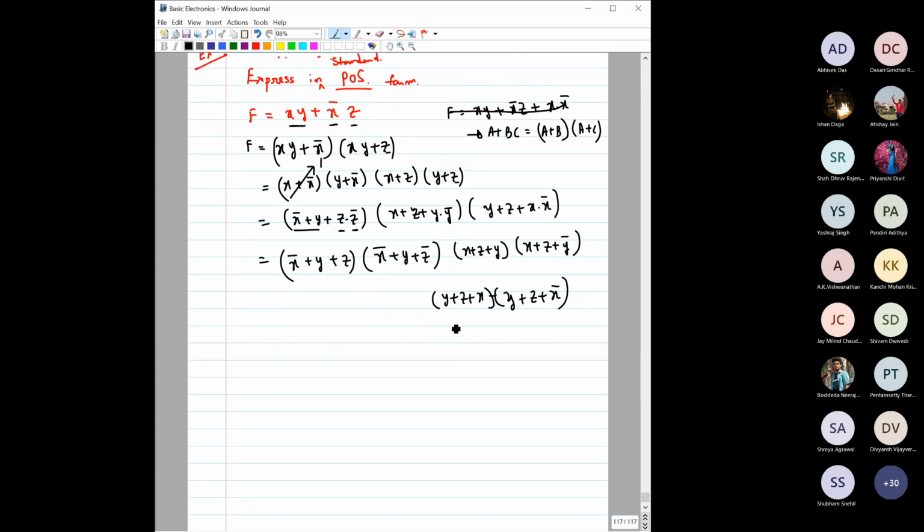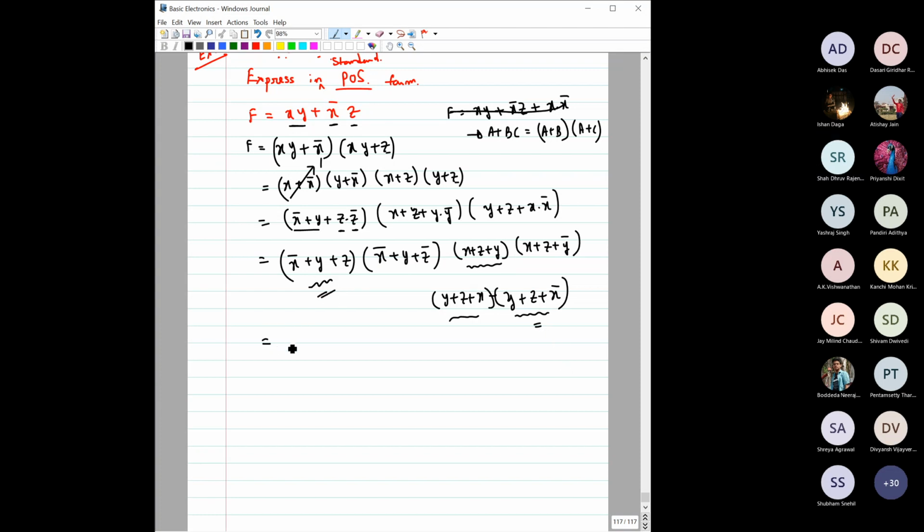Here I think some terms should be common. For example, I can see these two terms are the same. Now you know that x dot x is basically x, so we can remove one of the terms. Is there anything else which is common? I think this term is also common, right?